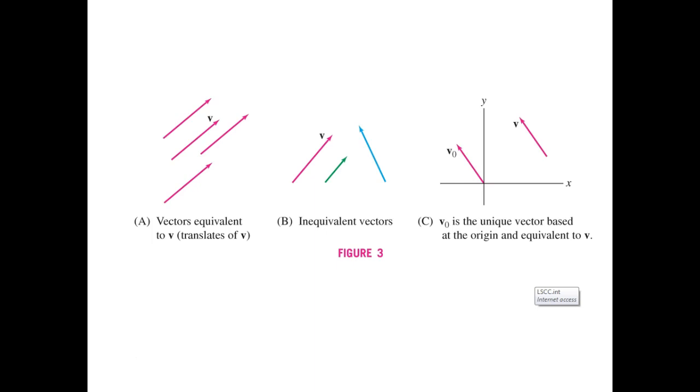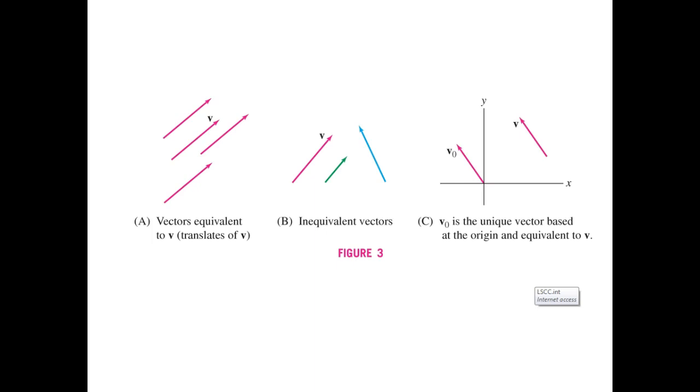How about B? The red vector is our listed vector v. What can you tell me about the green vector? It's parallel to v, but not the same magnitude, so that's not equivalent.